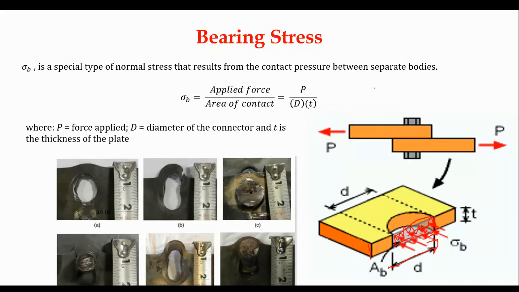So you have made a projected area. So the projected area is the thickness of the plate times the diameter of the bolt or rivet, any connector for that matter.